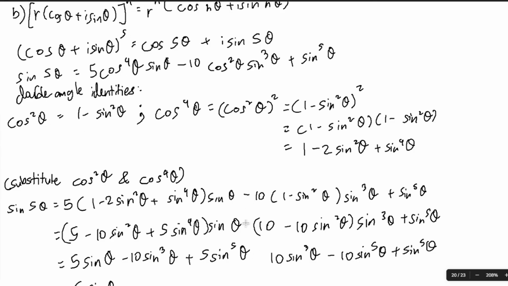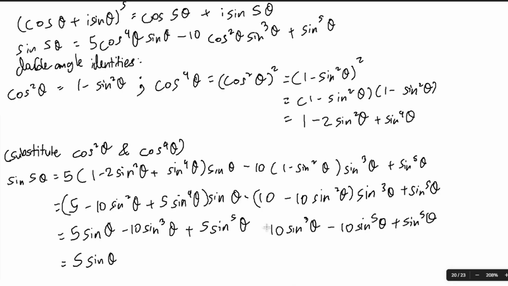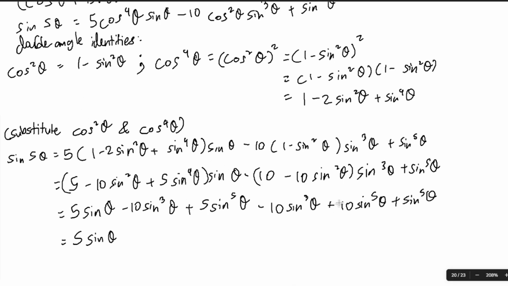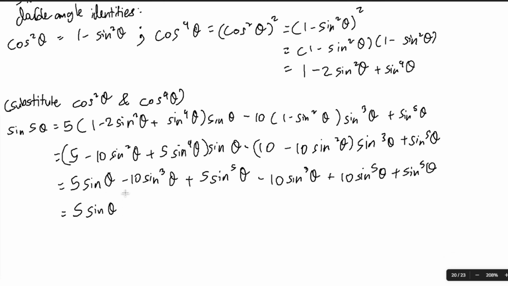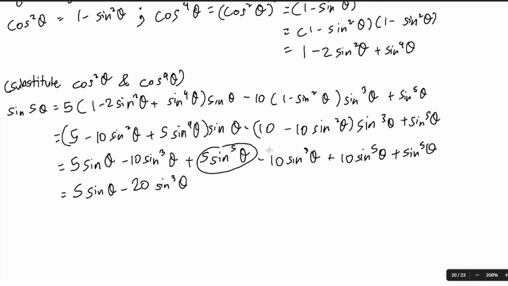This is supposed to be minus, so that means this would be plus. Minus 10, so we would have minus 20 sine cube theta. Then we would have 5 sine theta, plus 10 plus 5. Then it would be 16 sine power 5 theta.